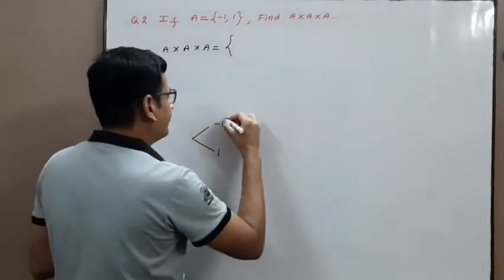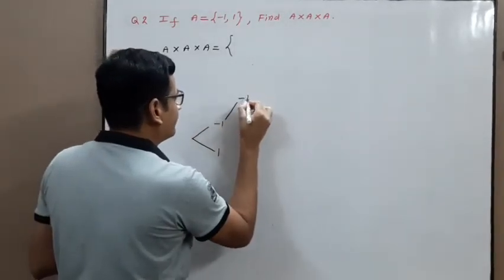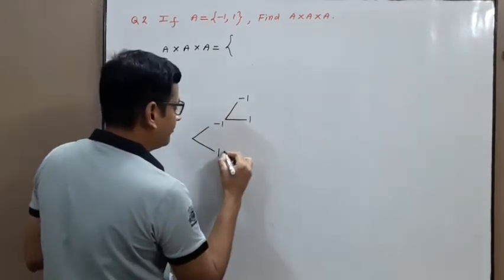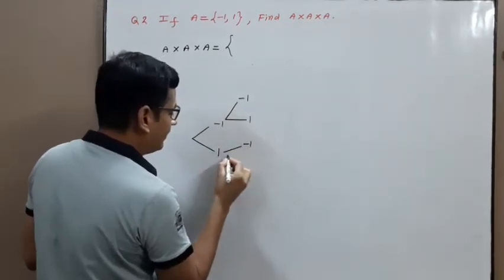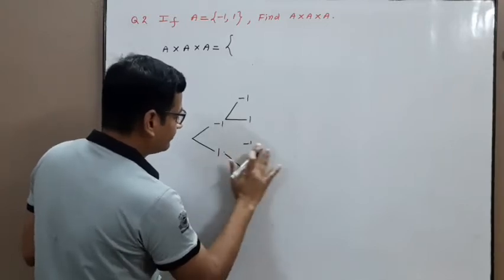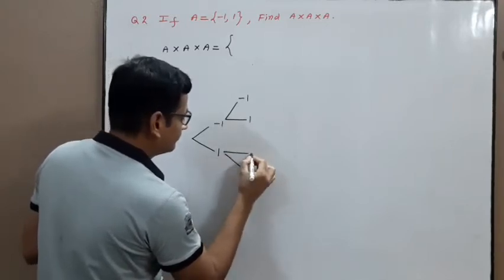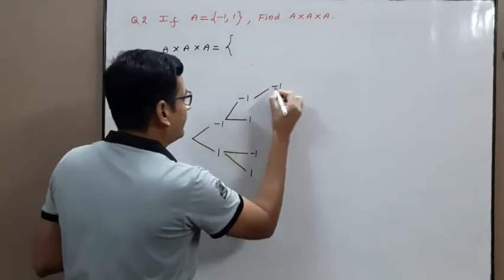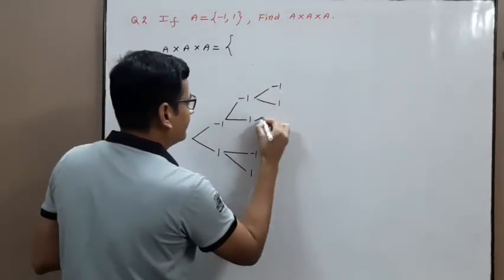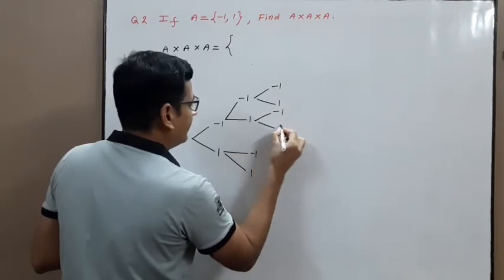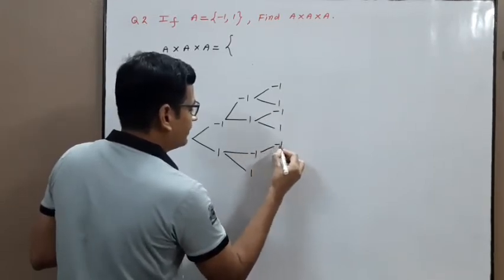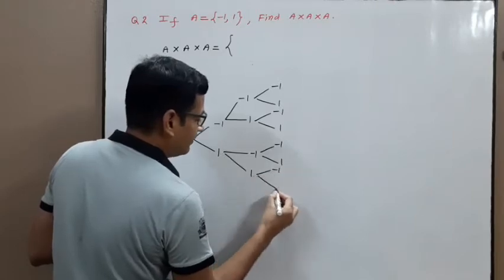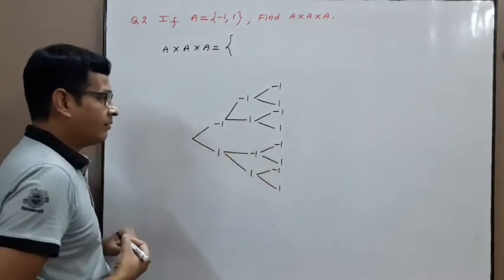After this, again the second place, minus 1 and 1, and again the third place, minus 1 and 1. Now fill this.